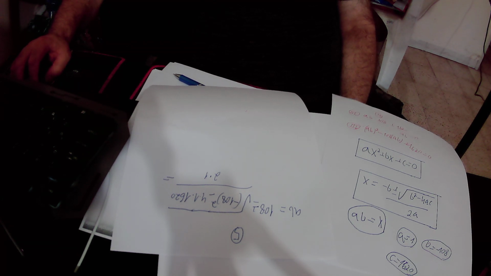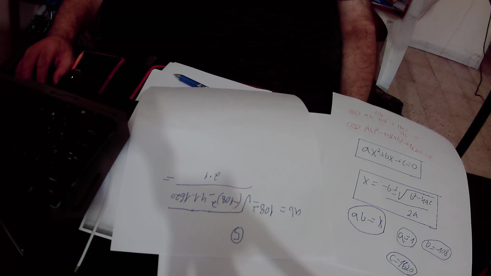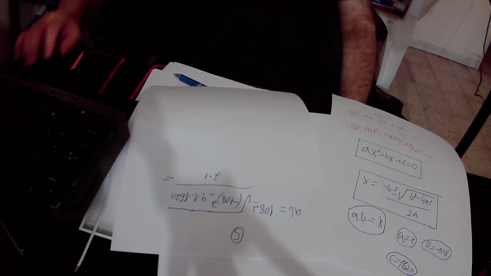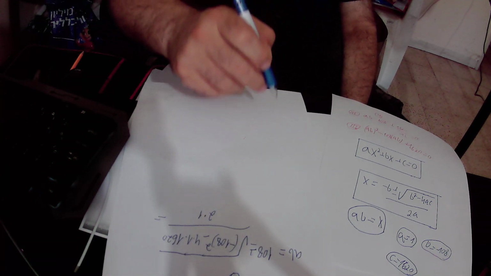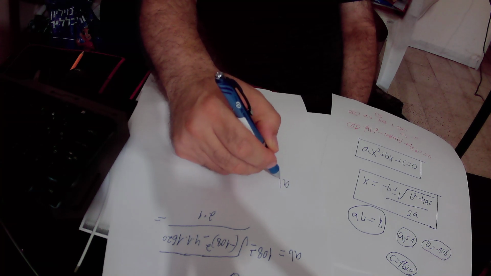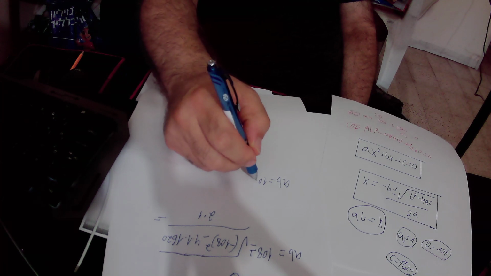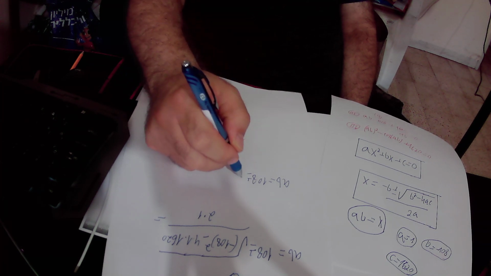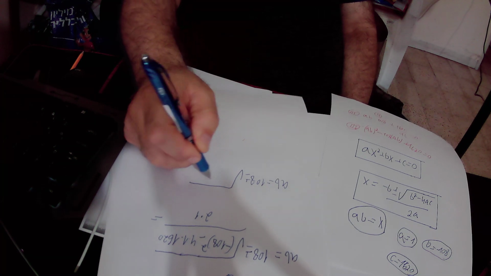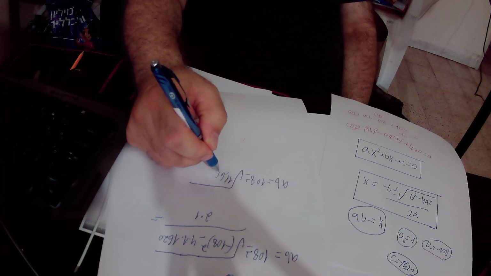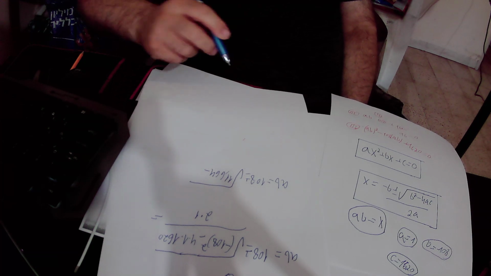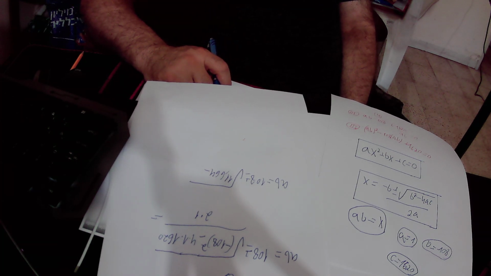Minus 180 squared equals 11,664. Minus 4 times 1 is minus 4.